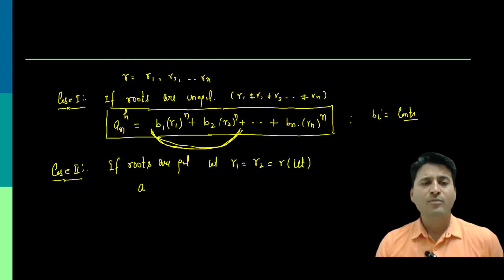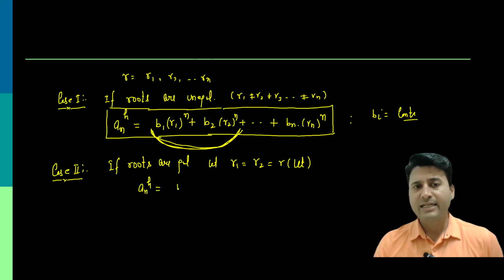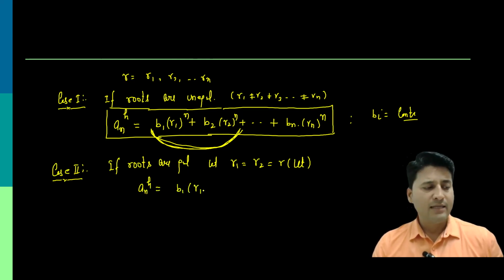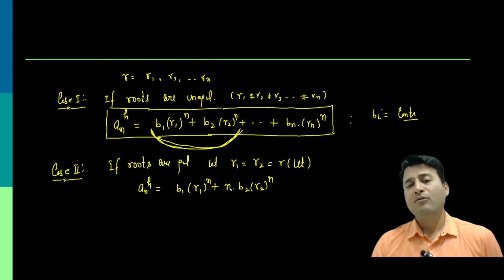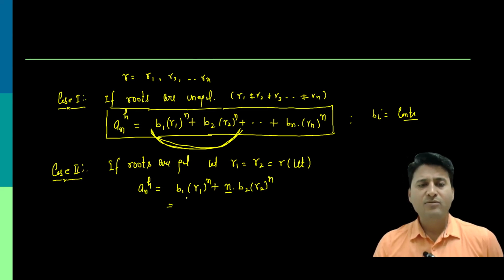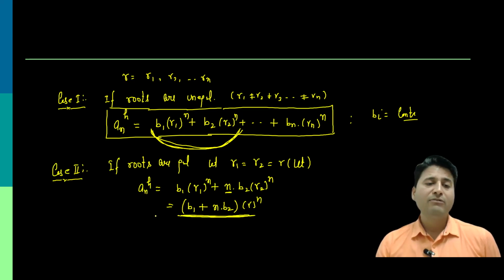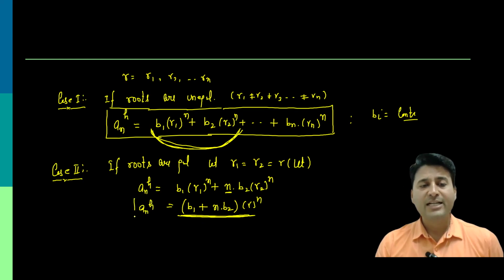So in this case, the homogeneous solution of the equation is written as b1 r1 to the power n plus n times b2 r2 to the power n. Why this n comes out, I will explain too. Since r1 and r2 are the same, that means b1 plus n times b2, into r power n. So this is how we write the solution when the roots of the equation are equal.